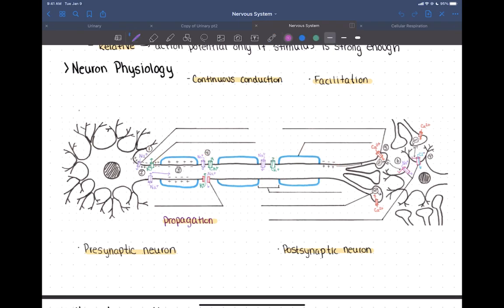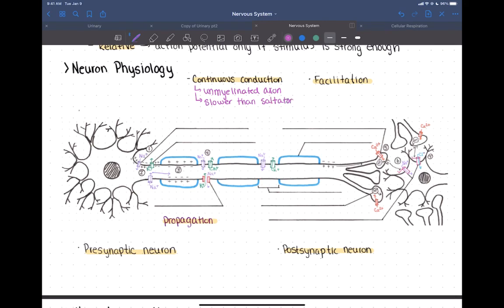Continuous conduction would just refer to it moving down an unmyelinated axon. This process, because it has to move down without jumping from node to node, is much slower than saltatory conduction.